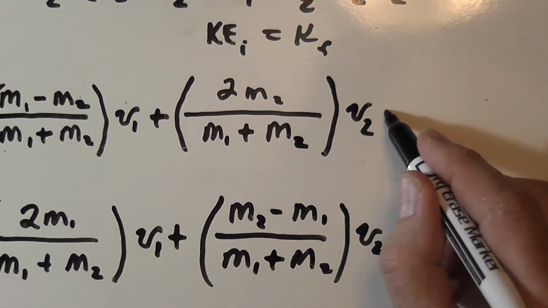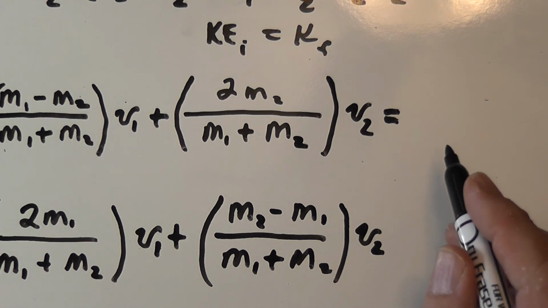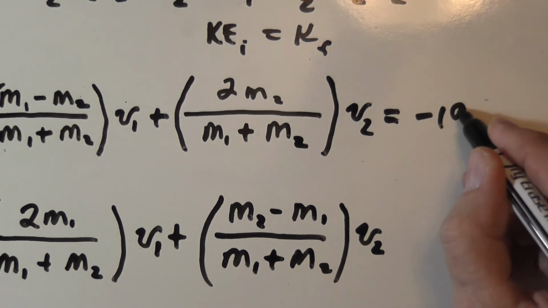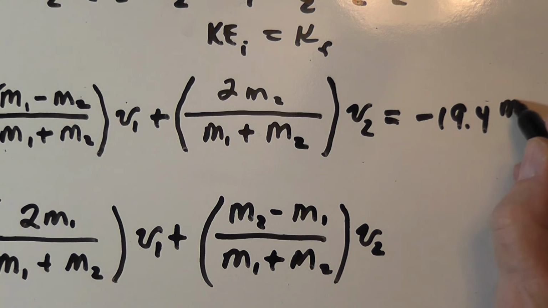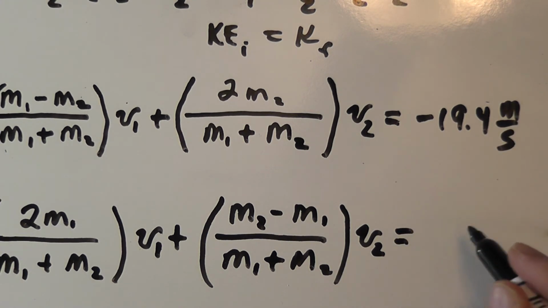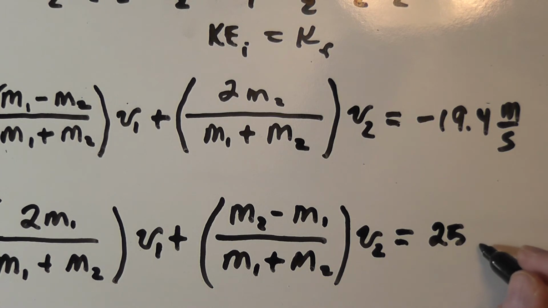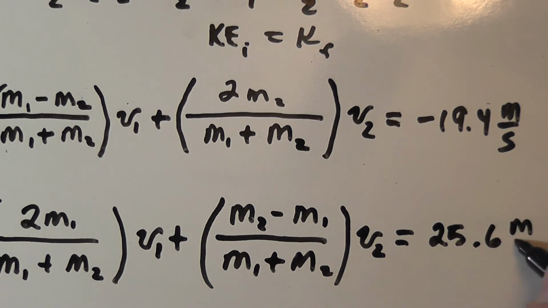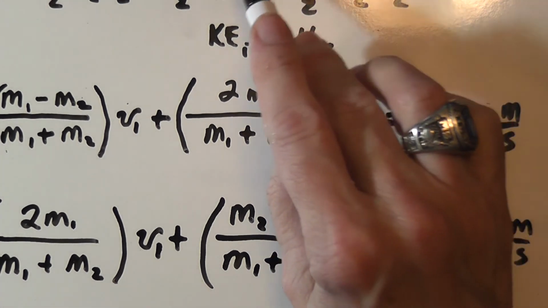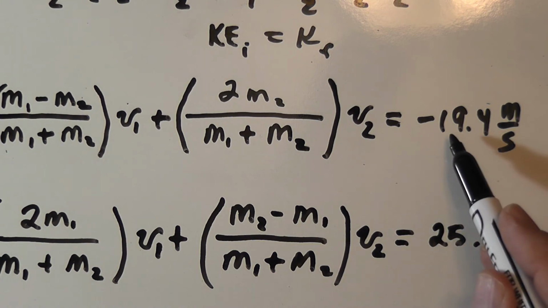So in this case, we have v prime 1 is equal to negative 19.4 meters per second, and v2 prime is equal to 25.6 meters per second. Okay, so we answered these final velocities, v prime 1 and v prime 2, and the negative means it's going in a different direction.